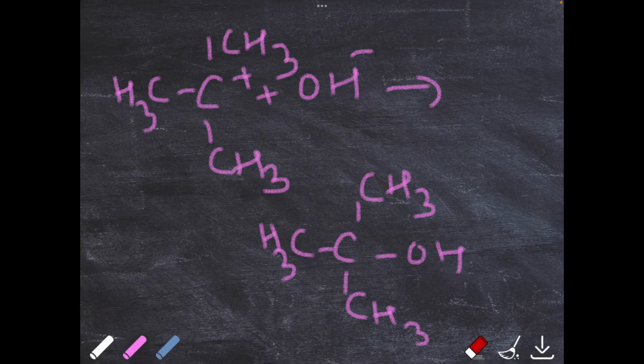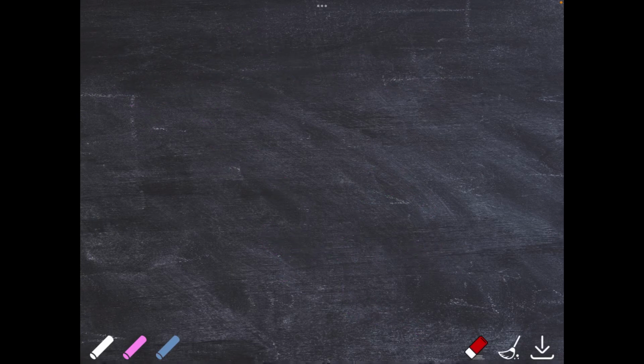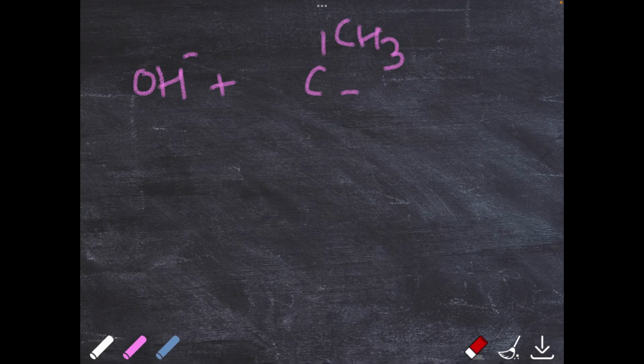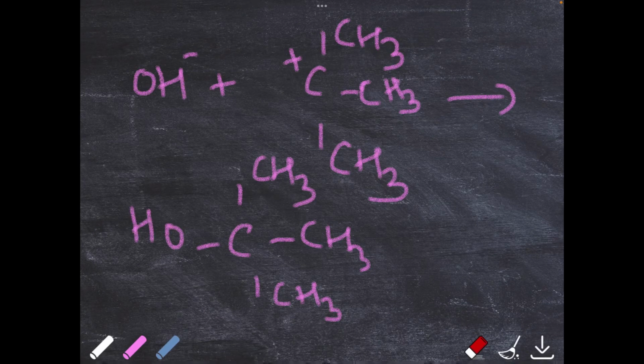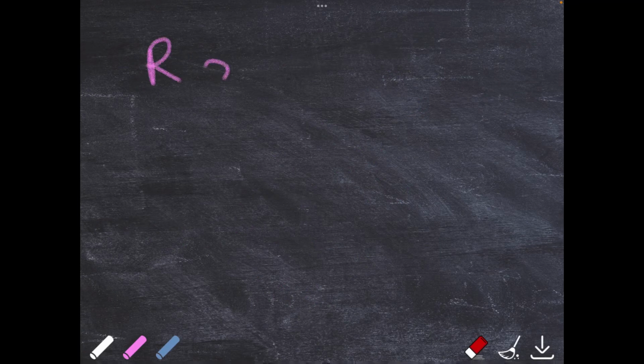And if it attacks on the left hand side, the product is this. So you get both the enantiomers, R and S.